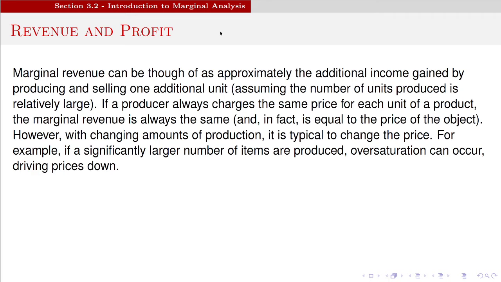However, typically you'll vary your sale price of an item based off of changing amounts of production. If you produce very few of something, it's typically expensive to produce it, so you'll set a high price point. But if it becomes cheaper to produce something, you can lower your price, but still gain more in profit. So we'll look at that a little bit.